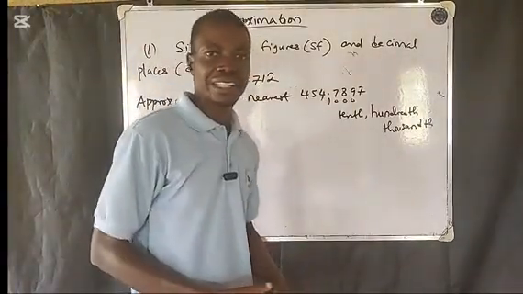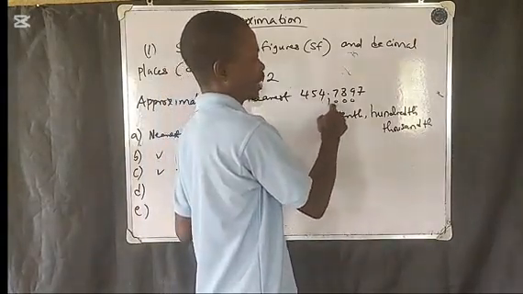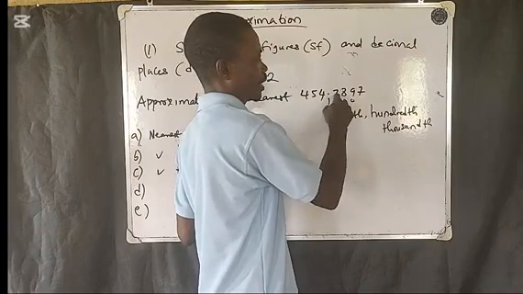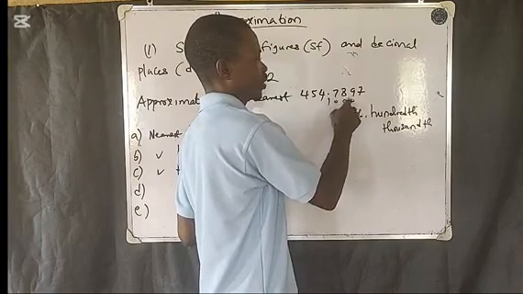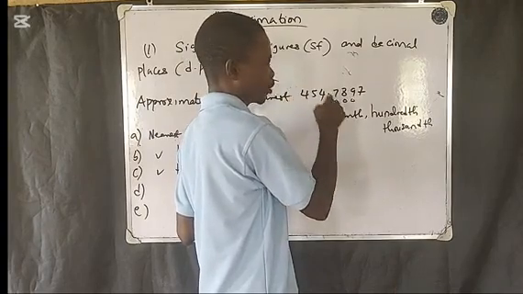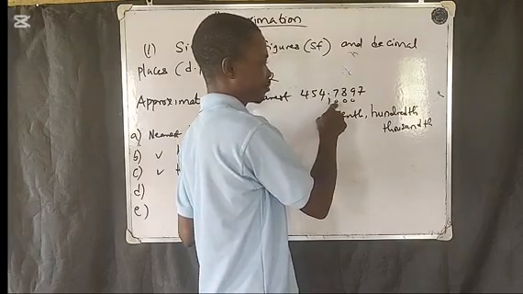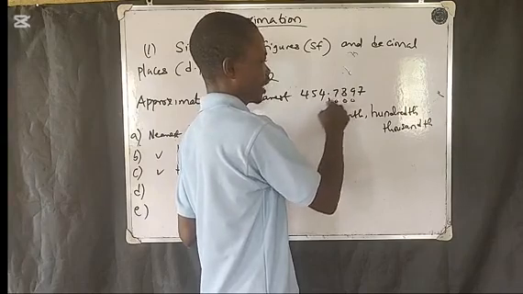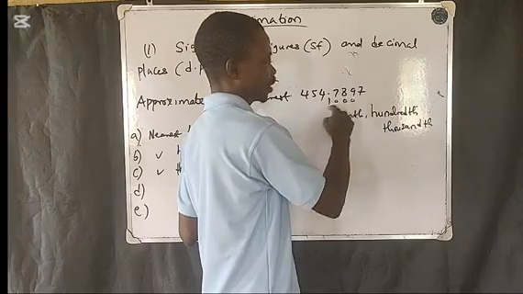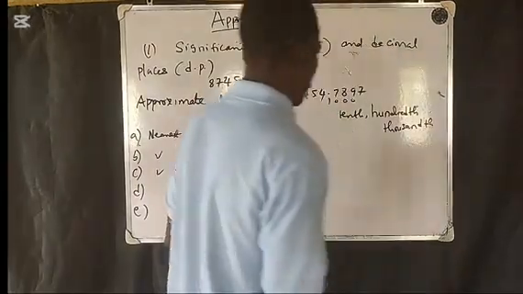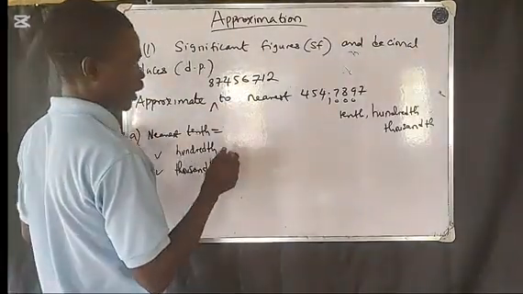So the trick is to put 1 under the point, then write 0 under each of the digits. Under 7, write 0. Under 8, write 0. Under 9, write 0. What this means is that 7 will give you tenths, 8 will give you hundredths, and 9 will give you thousandths.